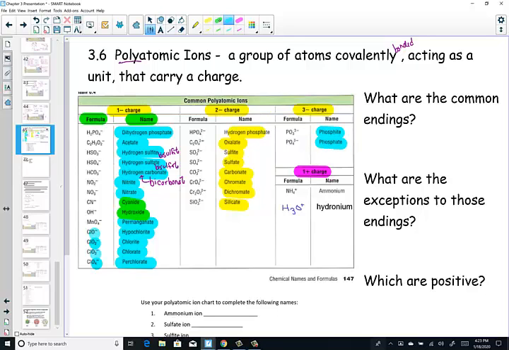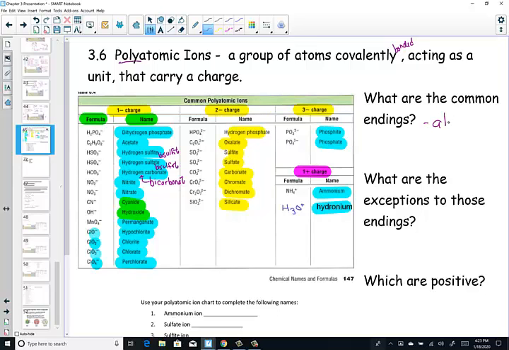And those positive polyatomics, ammonium, NH4 with a +1 charge, and hydronium, we'll learn that's the acid ion. Hydronium is H3O +1. So we just spent time hearing the names, and hearing the names is the first step in being able to recognize polyatomic ions.